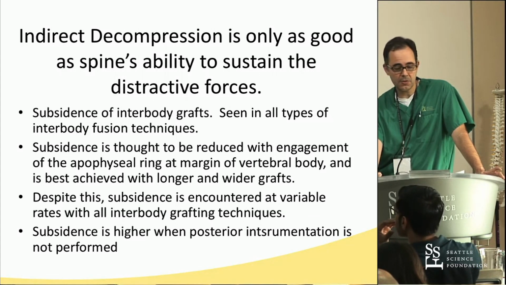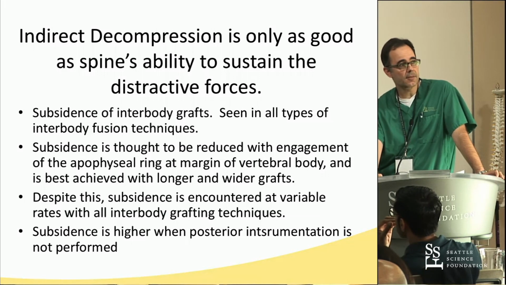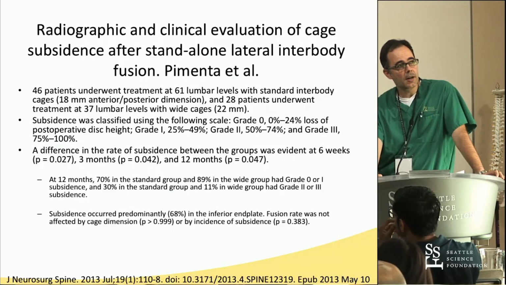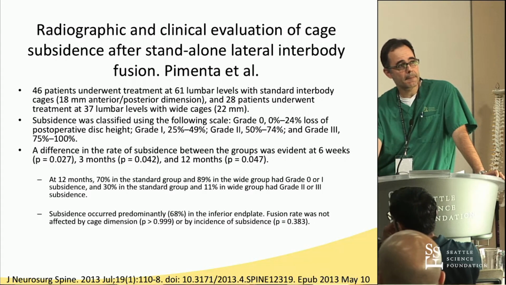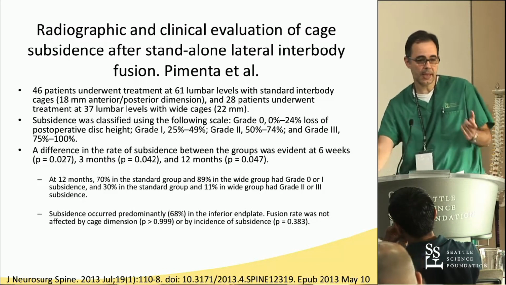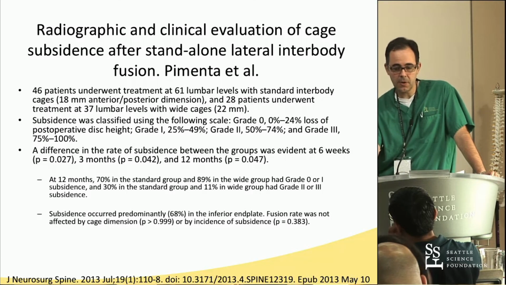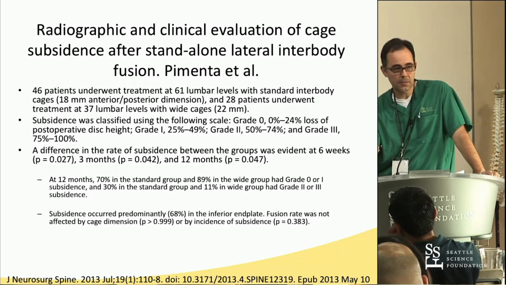All of these are measures that are going to help reduce the chance of getting a subsidence. So it's just a study from Pimenta showing that when he used the 22 millimeter cages instead of the 18 millimeter cages from the AP diameter, the subsidence rate was smaller with the larger grafts.